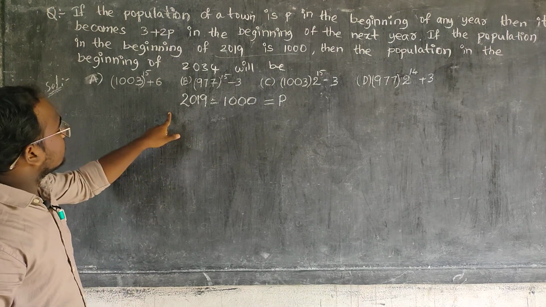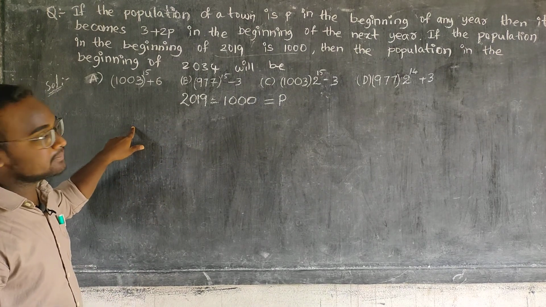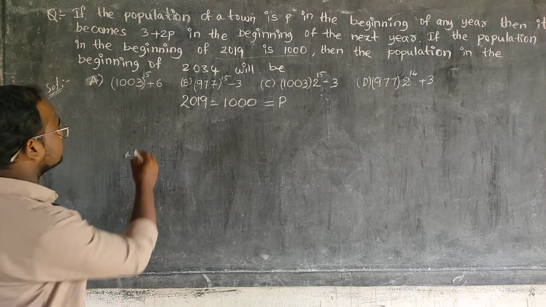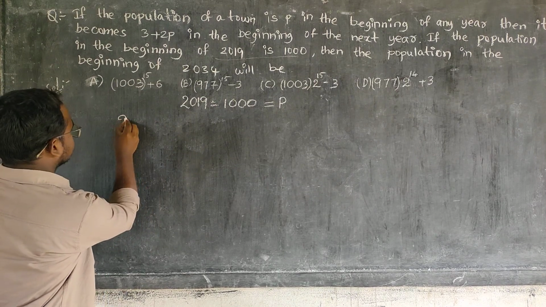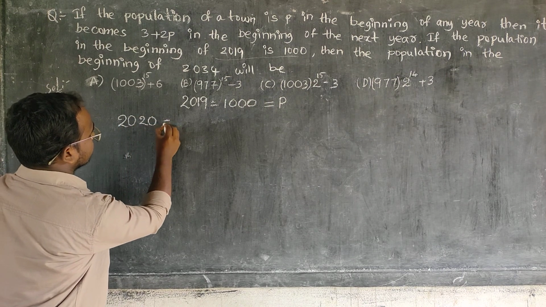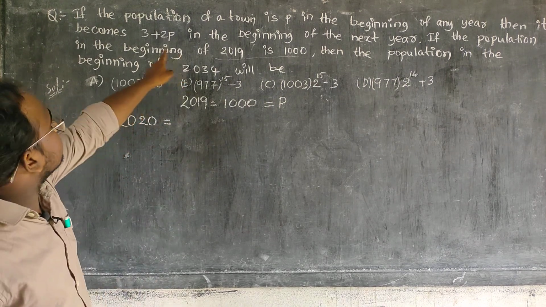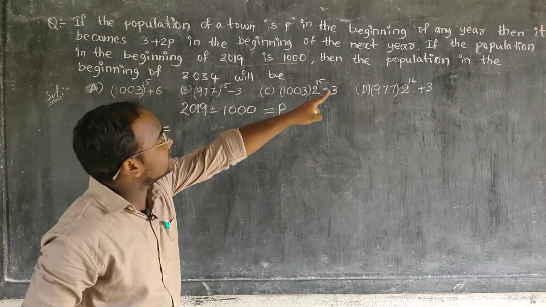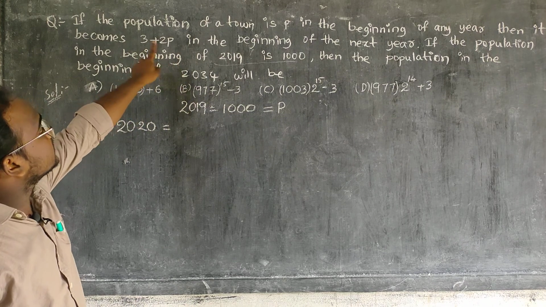Then in 2020, at the beginning of 2020, what will be the population? He is telling that the next year population is 3 plus 2P.